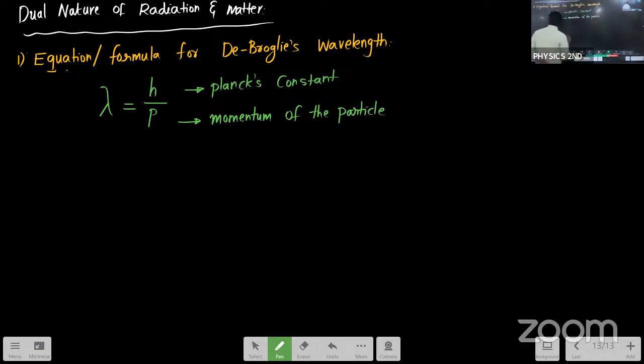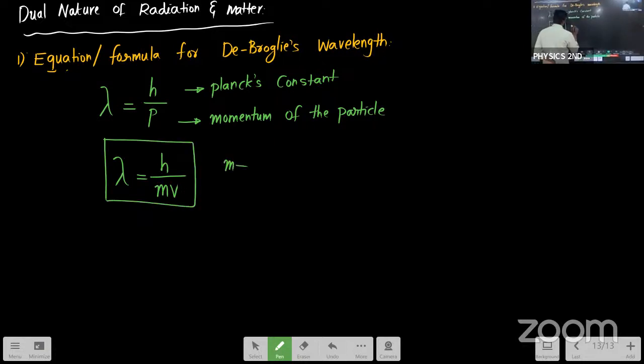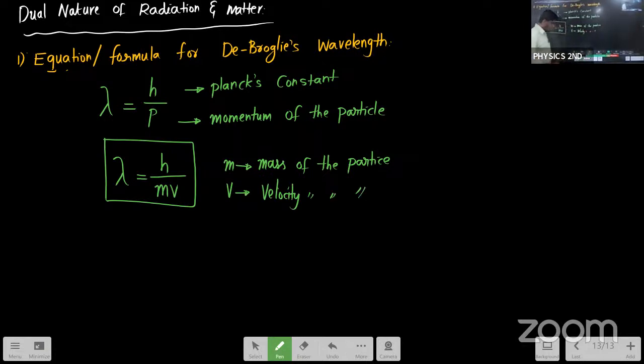Or you can also write this formula as lambda de Broglie is equal to h divided by mv, since the value of p is mv, where m is the mass of the particle and v is the velocity of the particle. So this is an important question for 2 marks.